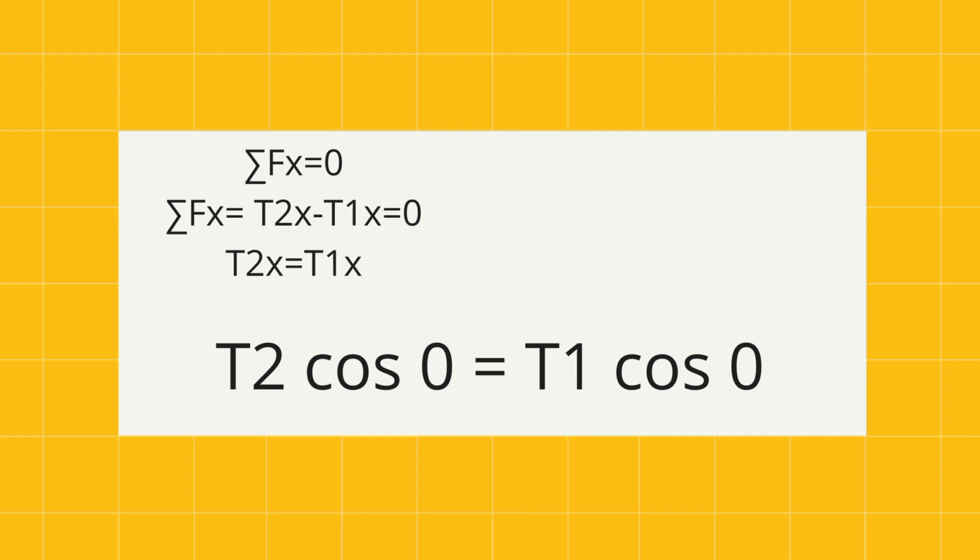The summation of force x component is equal to tension 2 x component minus tension 1 x component is equal to 0. So tension 2 x component is equal to tension 1 x component. And this becomes tension 2 cosine 40 is equal to tension 1 cosine 20.